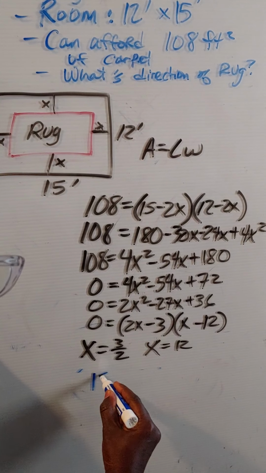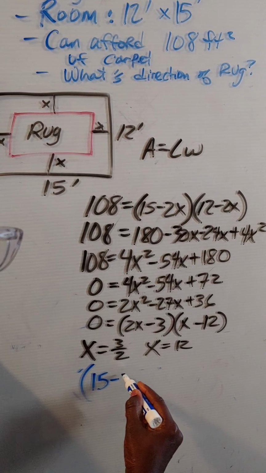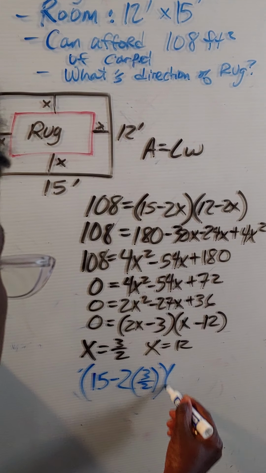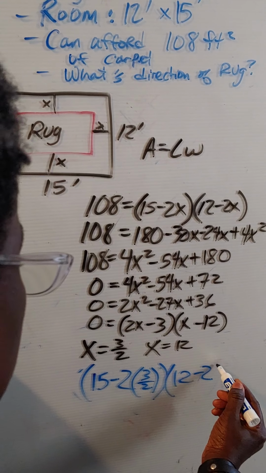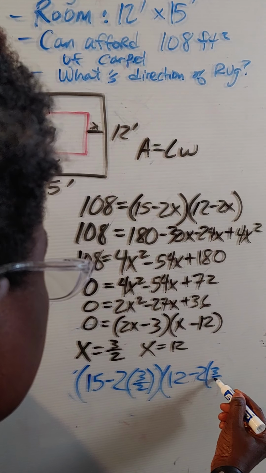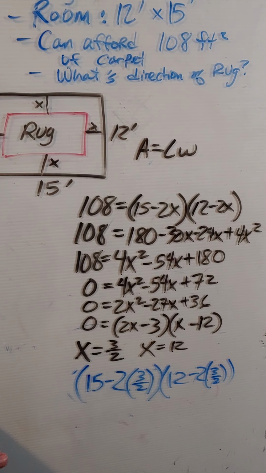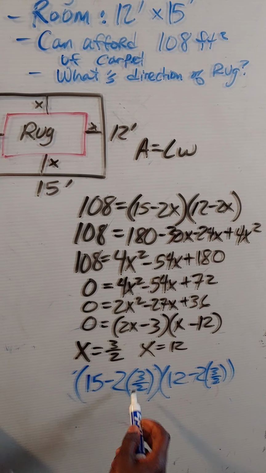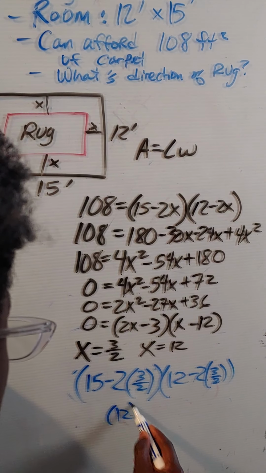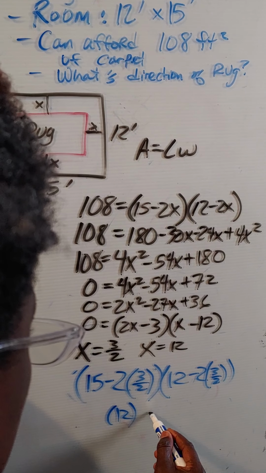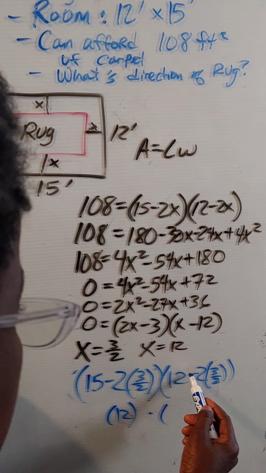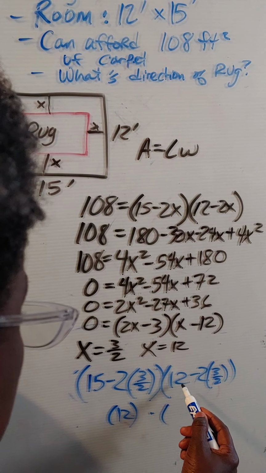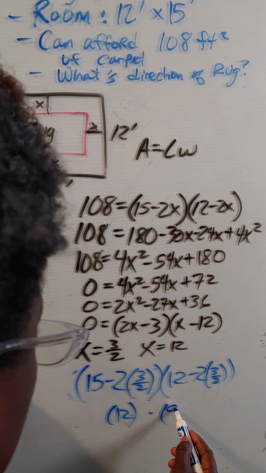So we have 15 minus 2 times 3 halves, times 12 minus 2 times 3 halves. Very clearly the 2 cancels, so that becomes 15 minus 3, which is 12. Times 12 minus 3, which is 9.